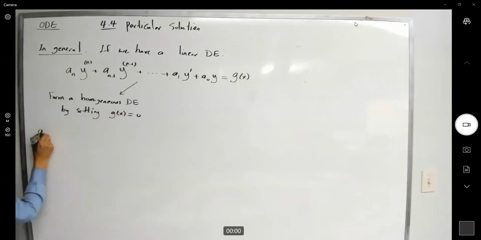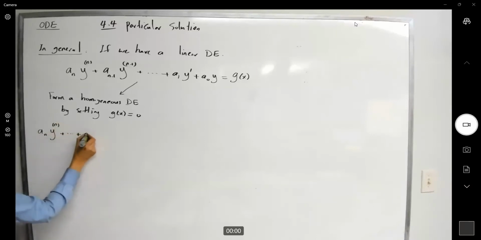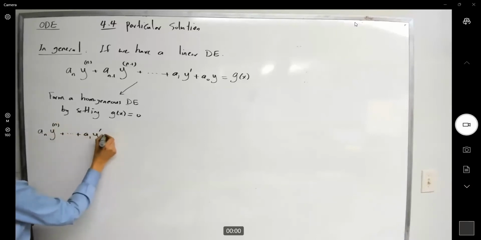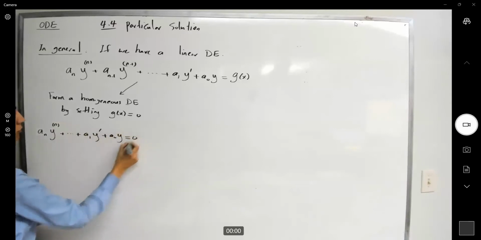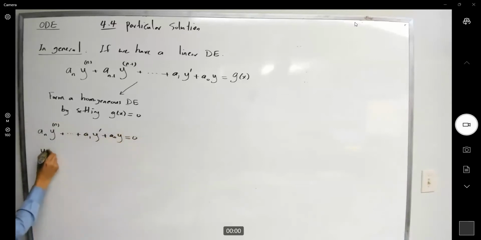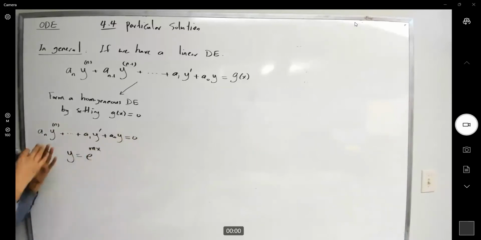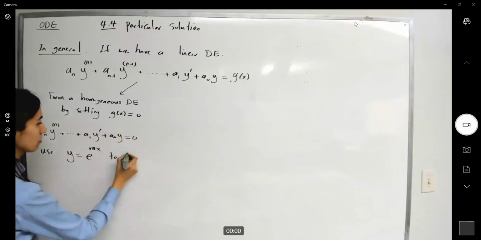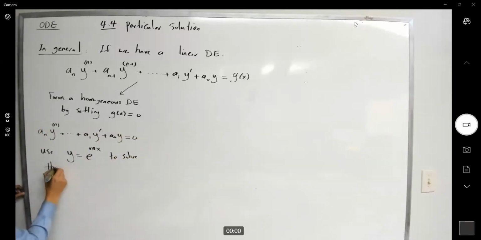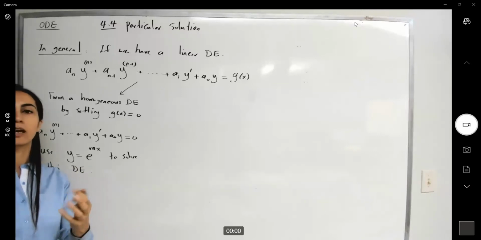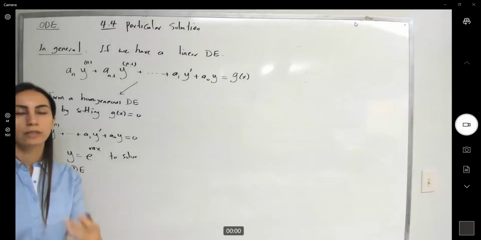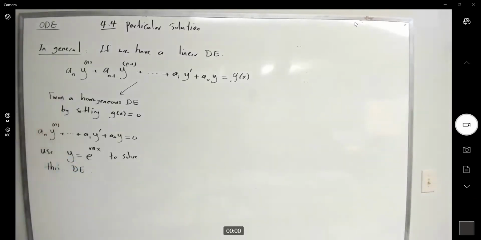So we're going to write it as a sub n, the nth derivative of y, plus the rest of the terms, a1 y prime plus a sub 0 y equal to 0. Then use y equals e to the mx to solve for this homogeneous differential equation. We say that, hey, we are finding the complementary solution, the complementary function.